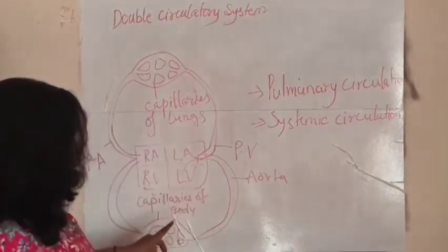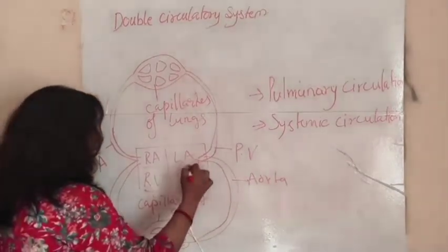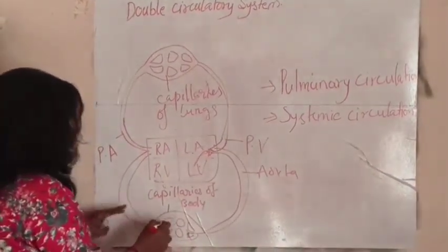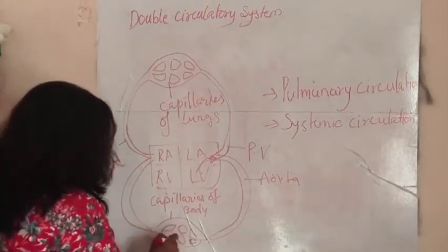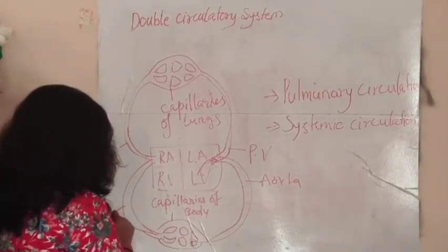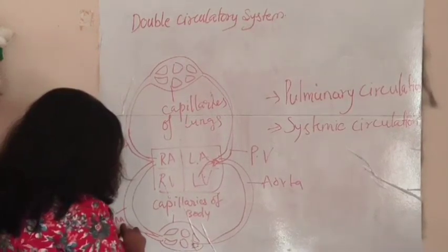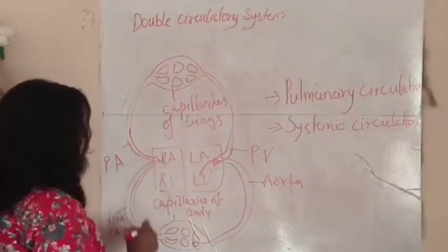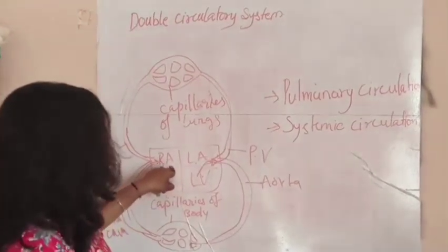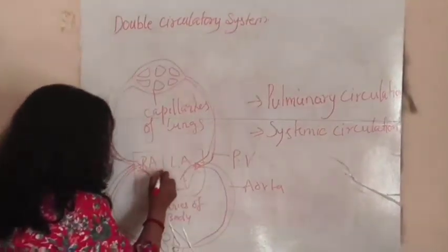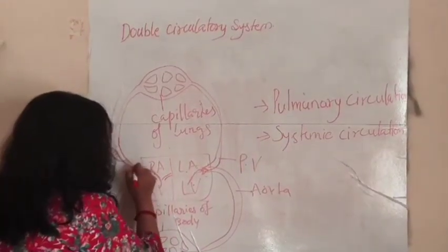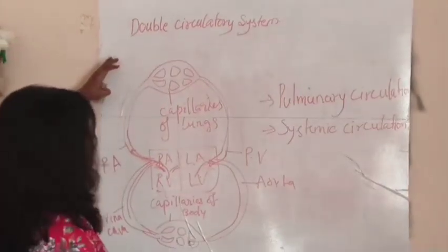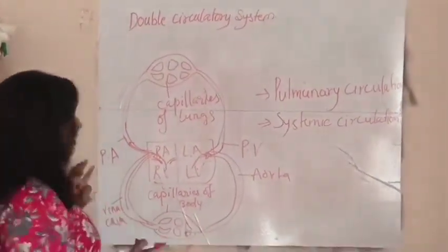Now the aorta is taking the oxygenated blood pumped by the left ventricle to the body. It is getting deoxygenated and getting exchanged through the capillaries and going into the vena cava vein. The vena cava vein is now carrying the deoxygenated blood to the right atrium. Then the blood will go into the right ventricle, and then the right ventricle will push the deoxygenated blood back to the lungs. So this is the whole double circulatory system.